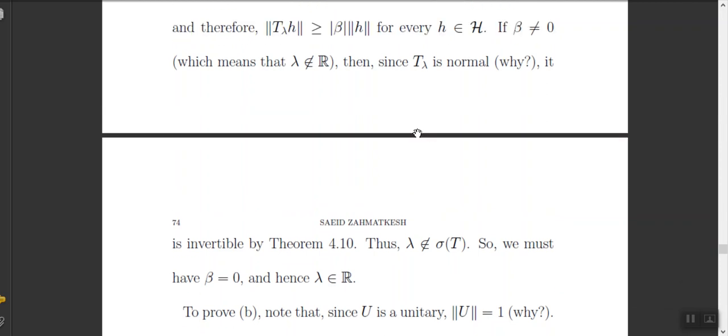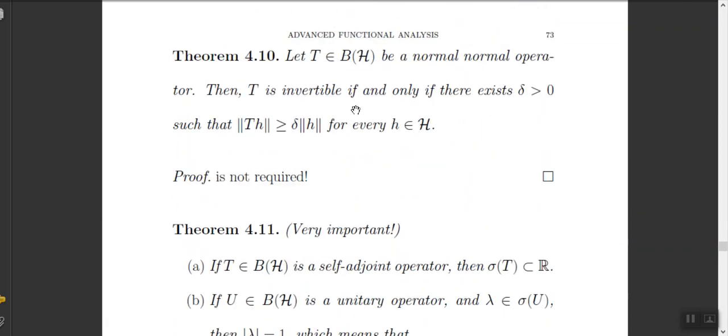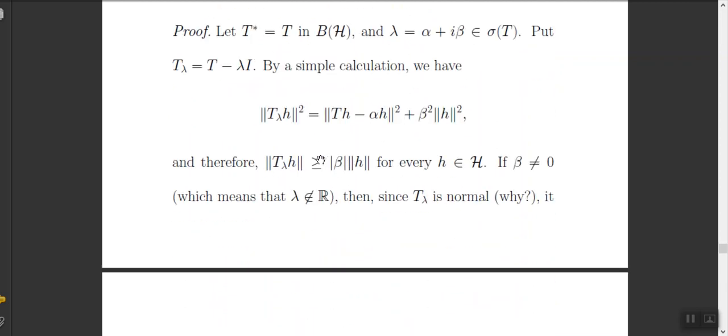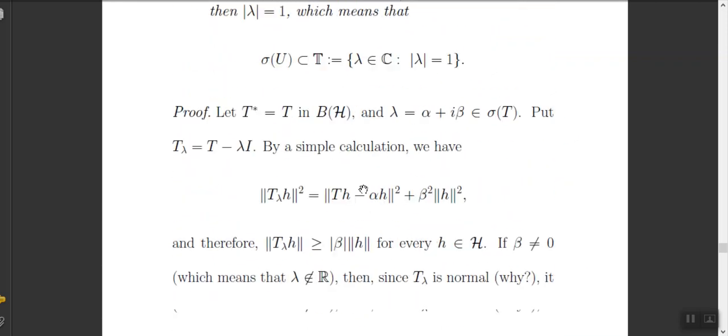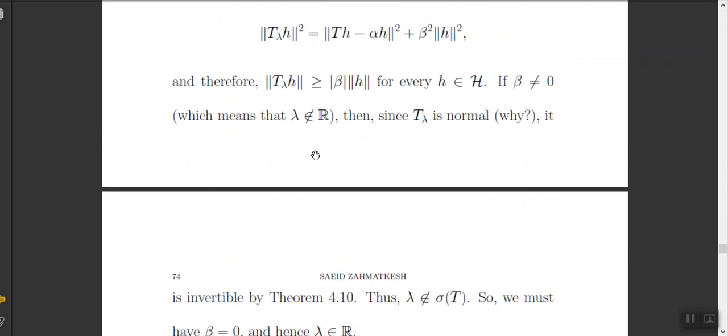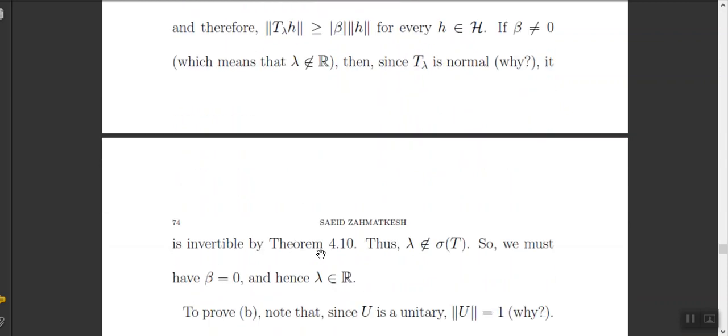Therefore, by this theorem applied to T lambda, which is normal and satisfies this inequality, this implies that T lambda is invertible.